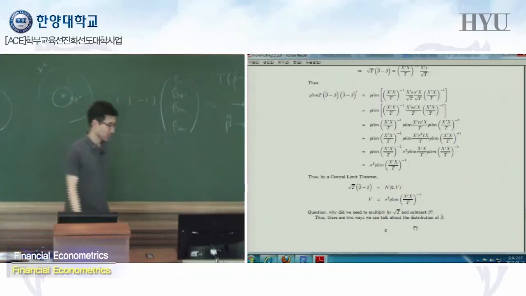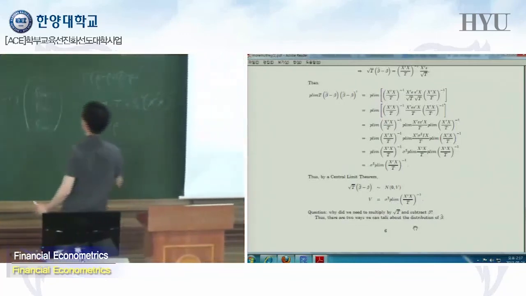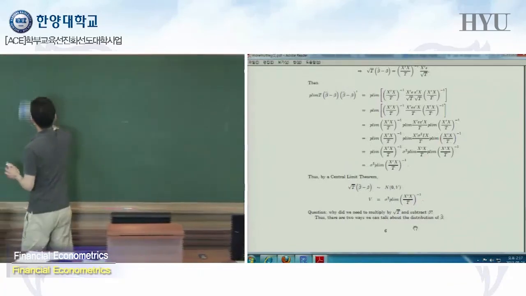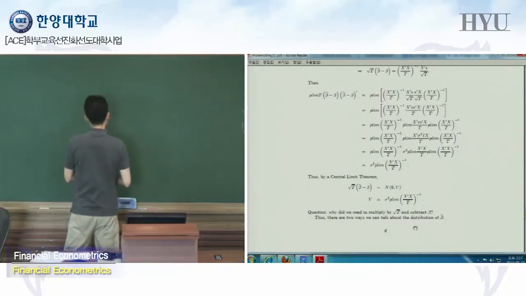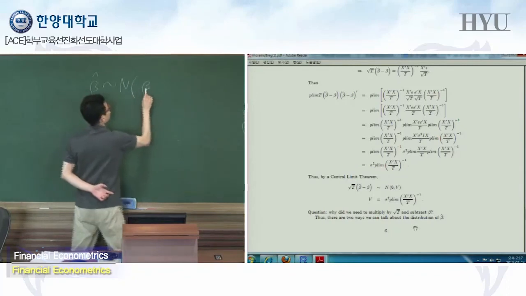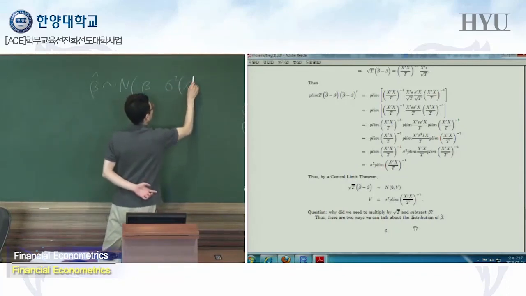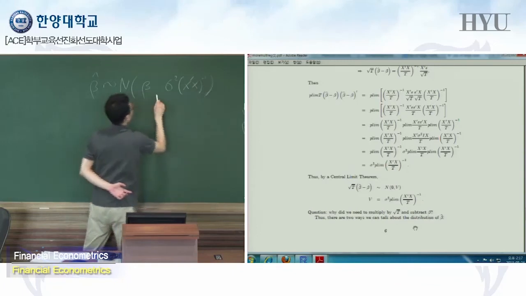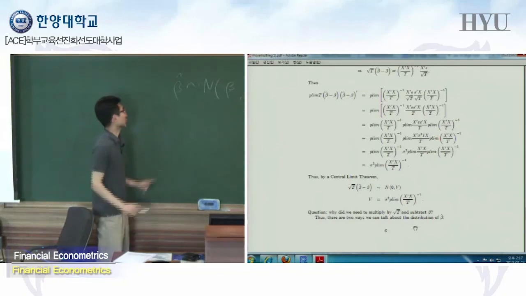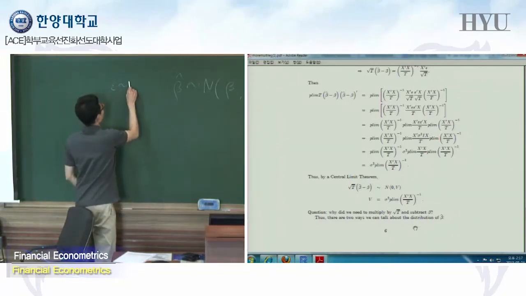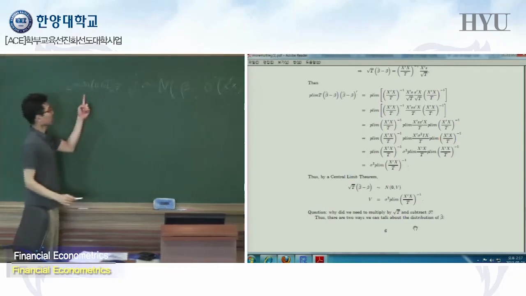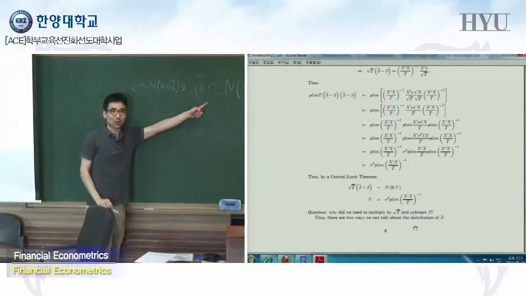어디 갔지? Okay. Okay. We have this distribution because we assume that. Okay. If we assume normal distribution, then we know this holds, right?